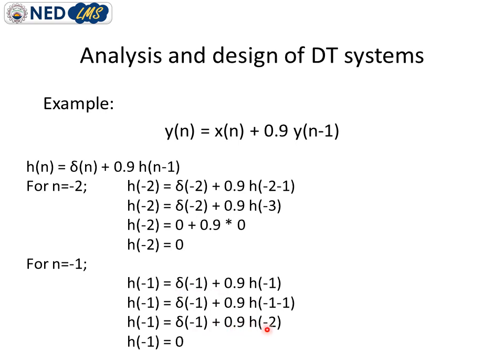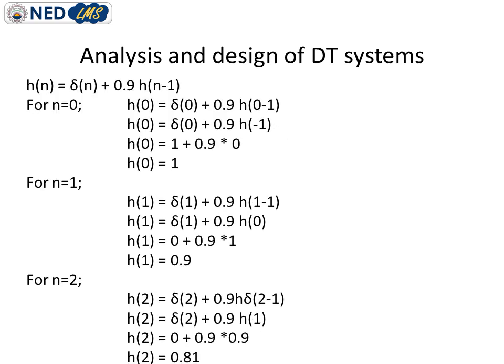Now for n is equal to 0, our equation simplifies to this form, and we have to put the value of this and this. This value is obtained from the previous step, which is again 0. So 0 multiplied by 0.9 is 0, and we know that delta of 0 is 1, because this is the impulse function which exists at n is equal to 0 and its value is 1. So we placed 1 and finally we get h of 0 as 1.